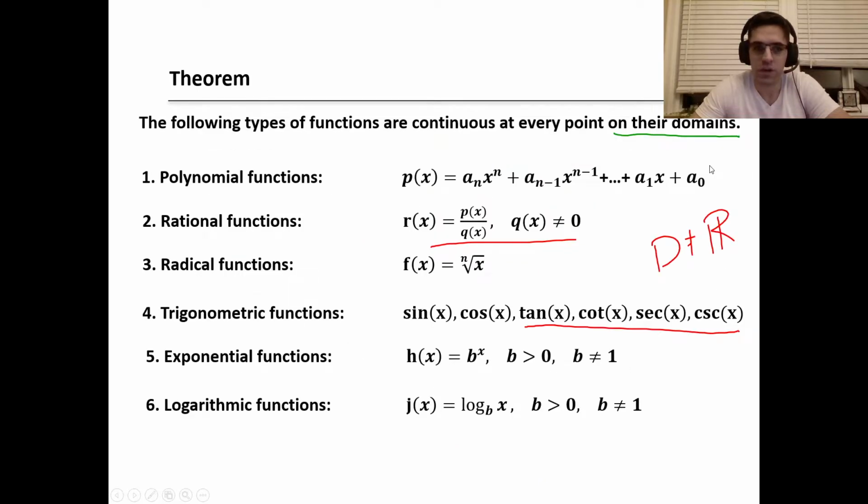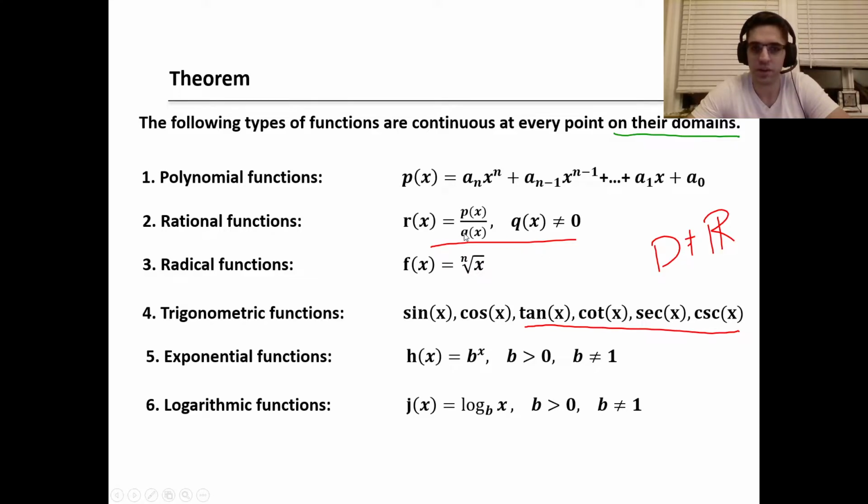All right, so here are some common function types that are generally continuous at every point on their domain. A few that are noteworthy are underlined in red because those are the functions on the list whose domain is not all real numbers.